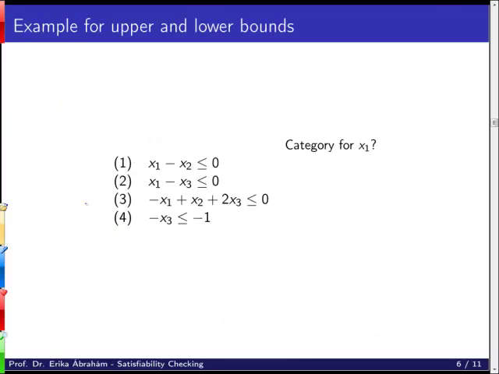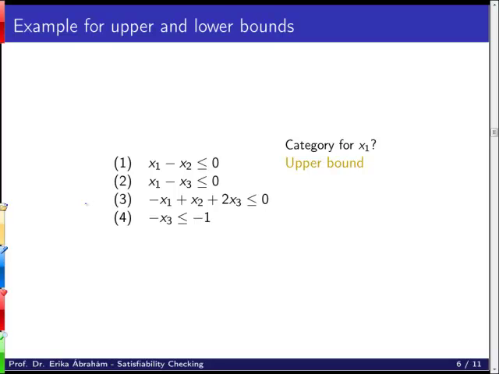So I collect all upper and lower bounds. Let us look at this. What kind of bound does the first constraint put on x1? Is it a lower or an upper bound? It's an upper bound.